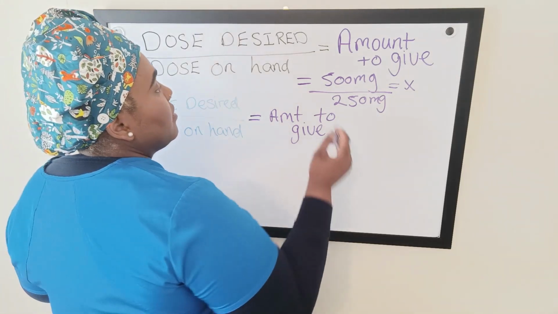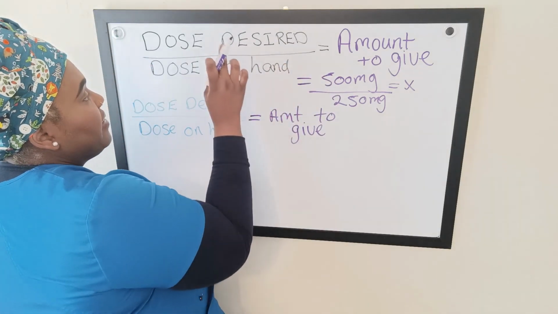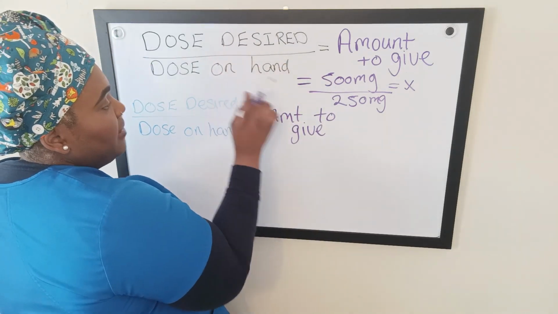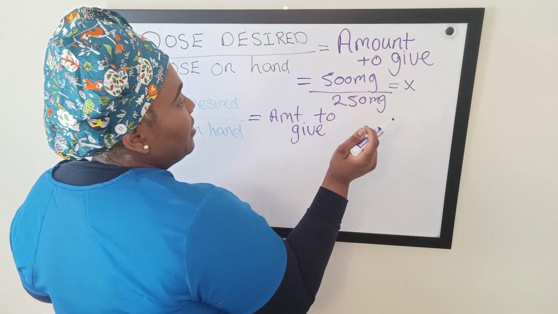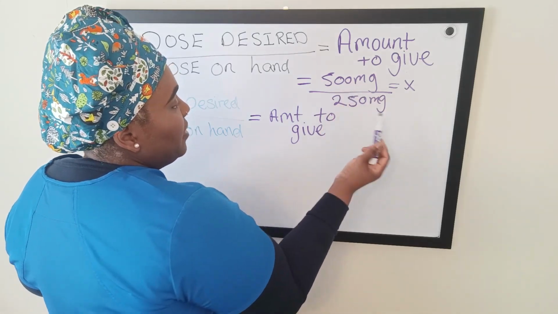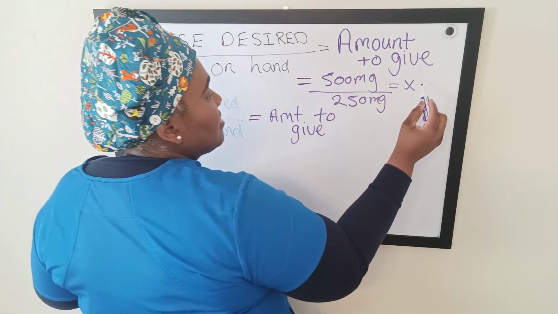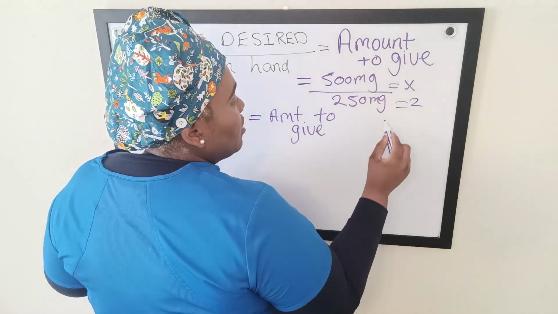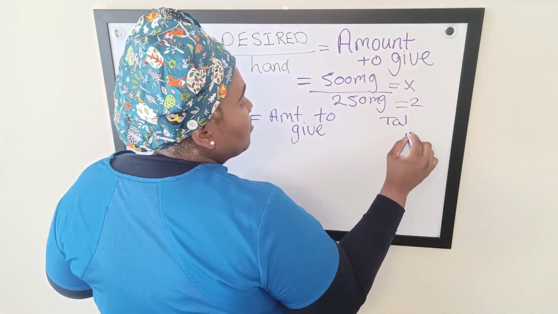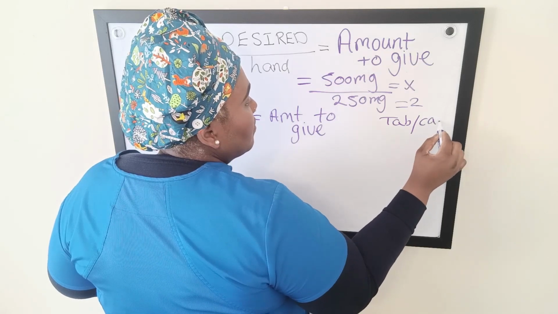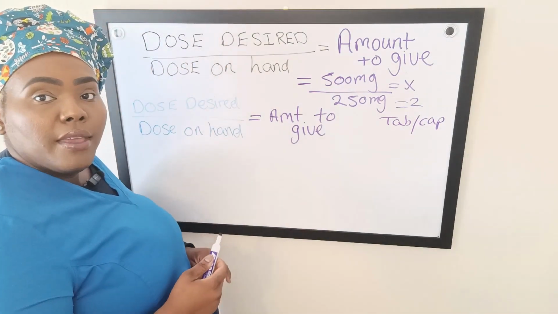So it's simple. As we say, we divide the dose desired by the dose on hand. So we divide 500 milligrams by 250 milligrams. This equals 2. So this patient has to get 2 tabs or capsules. Yeah?